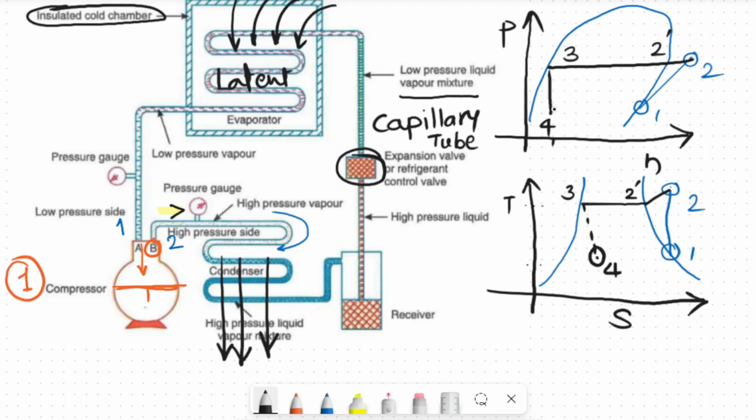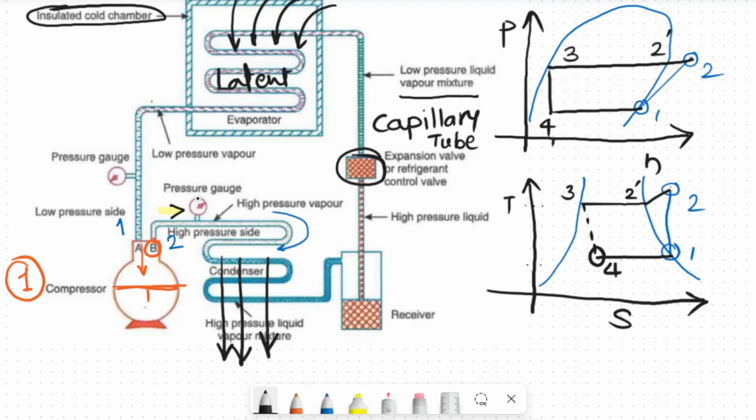Okay, so this process 4 to 1 is the process of evaporation, wherein the refrigerant absorbs the heat, keeping its temperature and pressure constant. The latent heat absorption takes place. Okay, and after the process of evaporation, this low temperature, low pressure refrigerant goes through the low pressure side, enters the compressor, and it will be compressed, and the cycle will continue.